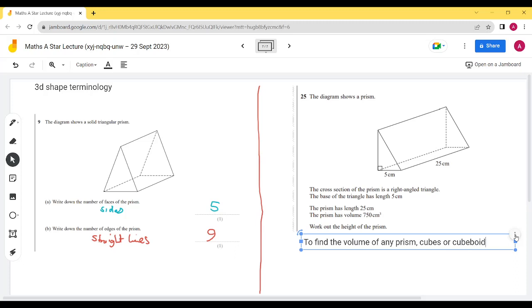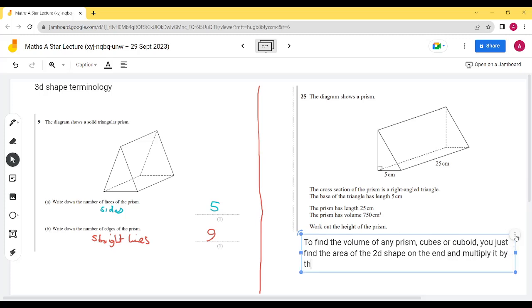A cuboid is a 3D rectangle. Some interesting spelling. But to find the volume of any prism, cube or cuboid, you just find the area of the 2D shape on the end and multiply it by the length. So in other words, here you would find the area of a triangle on the end and you would multiply it by the length.